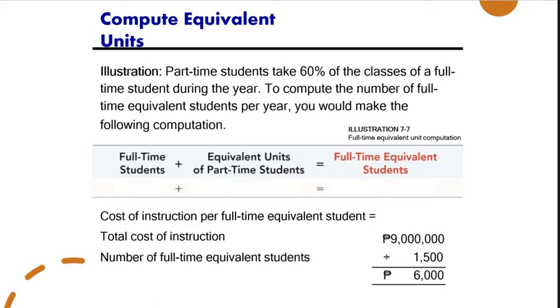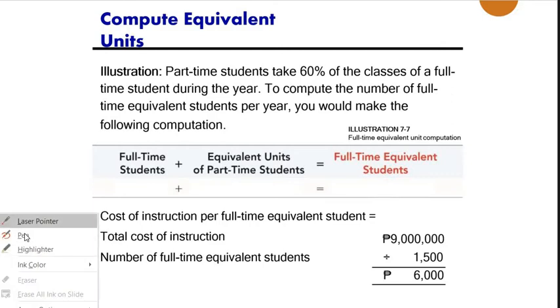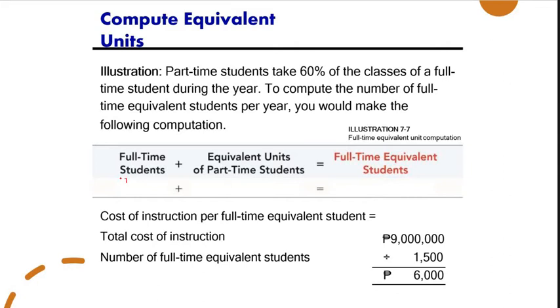Earlier, we saw that we have 900 plus the equivalent units of part-time. We said earlier 60%, right? So 60% times, how many part-time do we have? 1,000. Right?